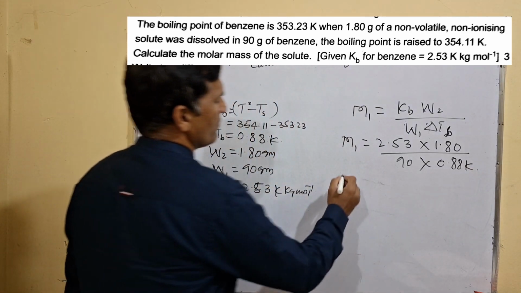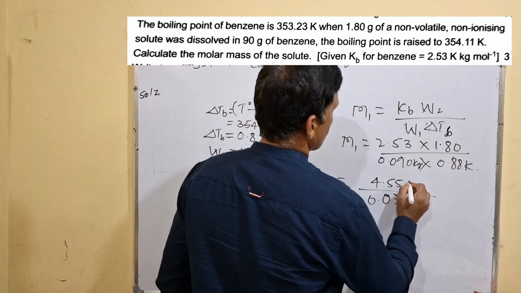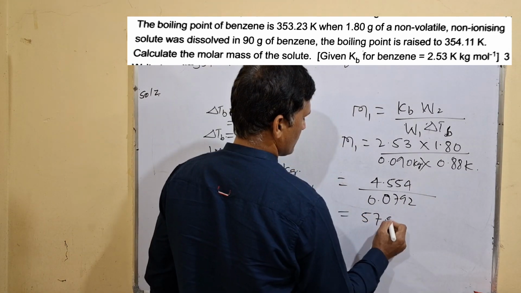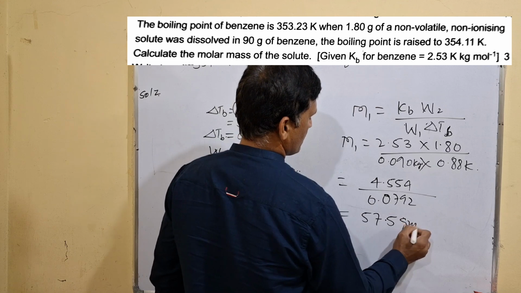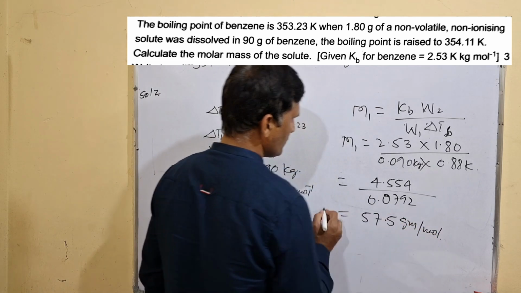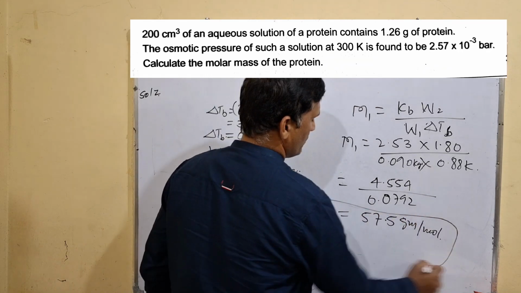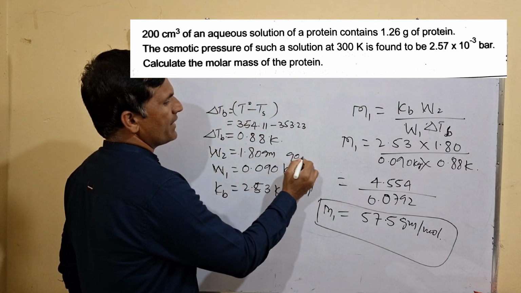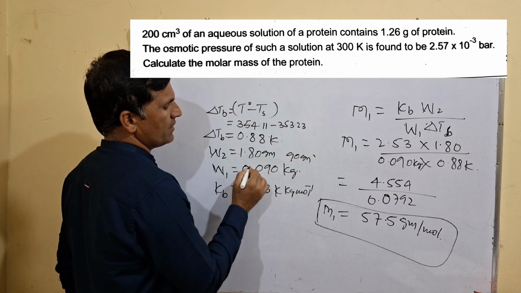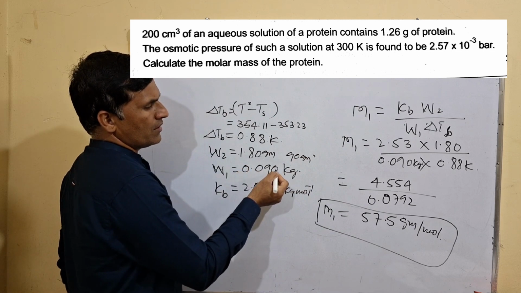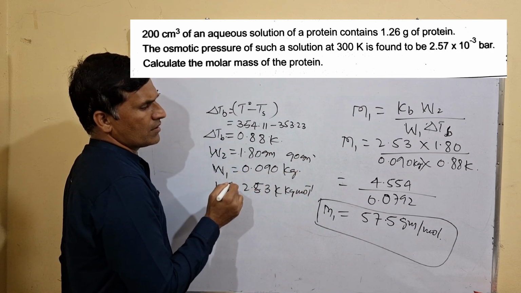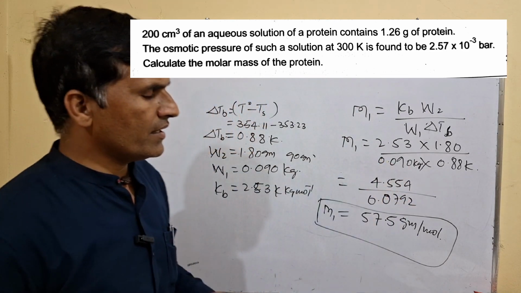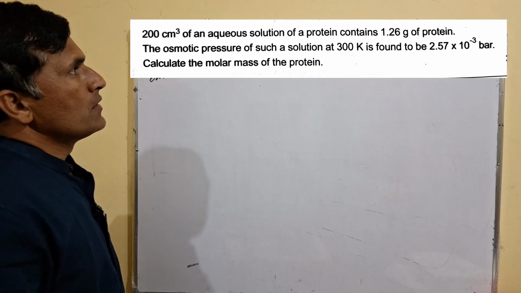If you simplify this, molar mass is equal to 57.5 grams per mole. Here the solvent is given as 90 grams, so we have expressed it as 0.090 kilograms. So directly we can substitute and get the value. Okay, let us move on to the next problem.